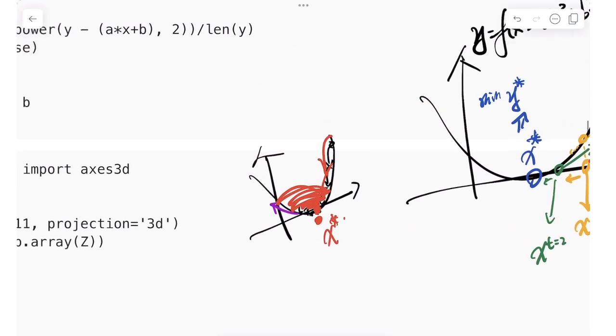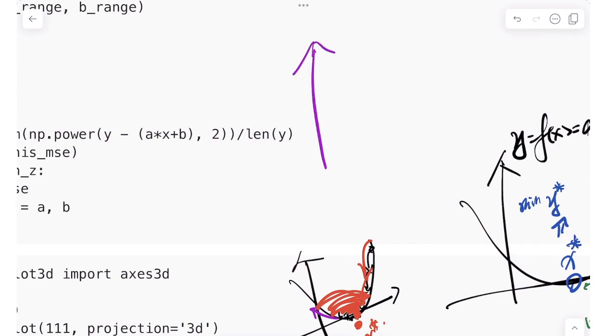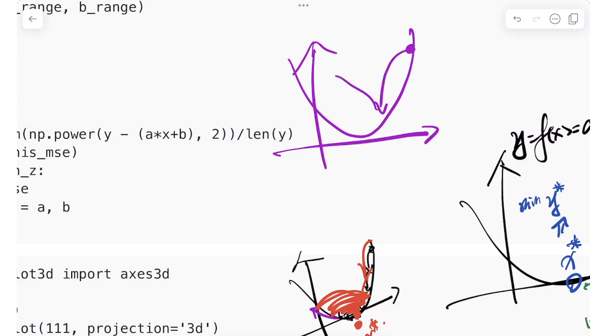Okay, so let's take a look at this one. If your gamma is larger, that means every time you take the next step, the span will be larger. But if your gamma is smaller, that means every time you jump, you take only small steps. It really depends on your decision.